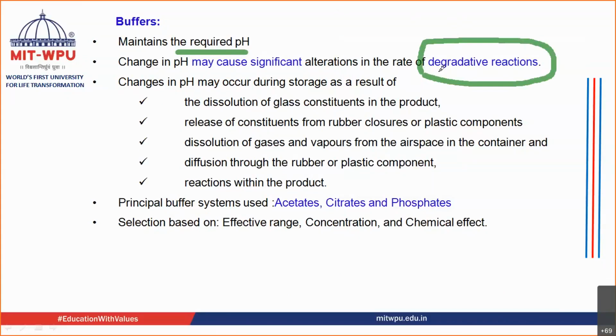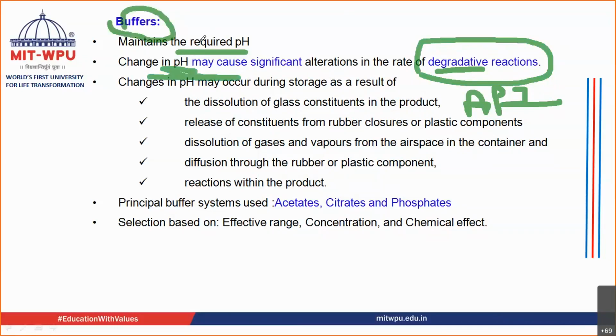The reactions which are degradative in nature, the reactions which degrade your API. Those reactions may be increased because of the change in pH. So this change in pH may increase the degradative reaction, and hence you have to maintain the pH, and this maintaining of pH is done by buffers, right? Got it?